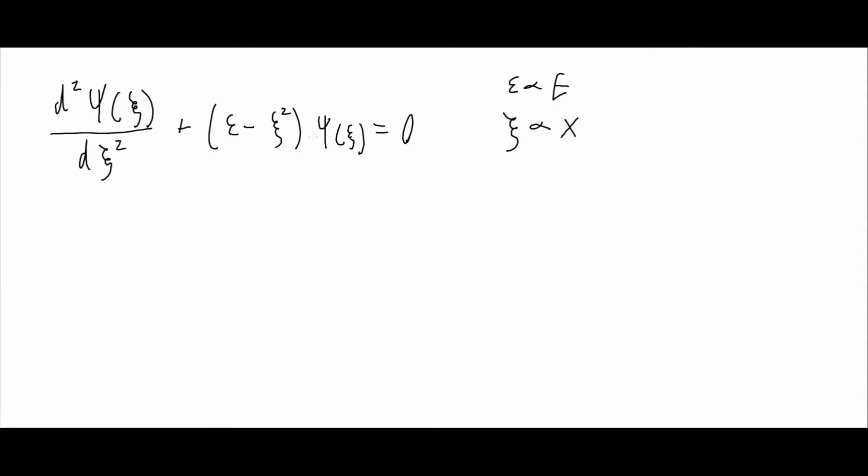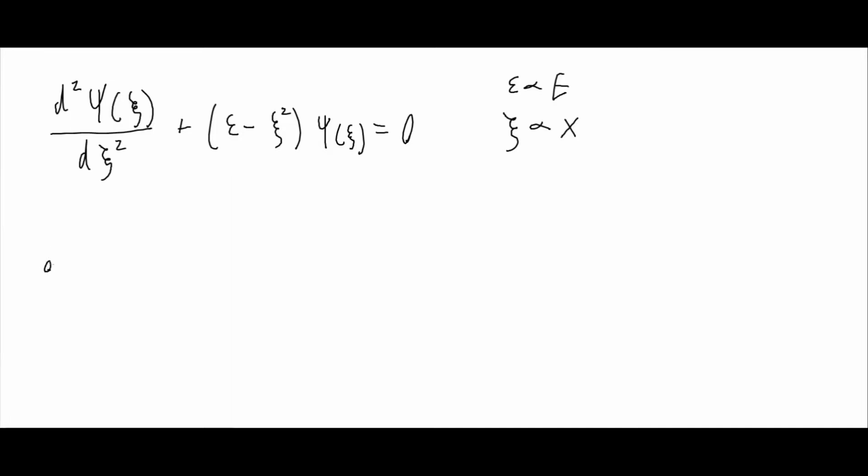And so what we want to do is start actually trying to find the solution to this psi function. So this is a differential equation, and so solutions will be functions rather than just some number. And to do that, we can start looking at what this equation will do at large values of xi.